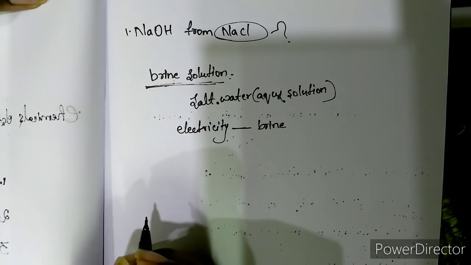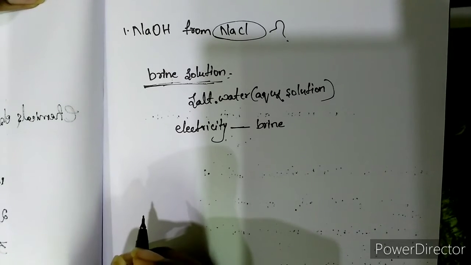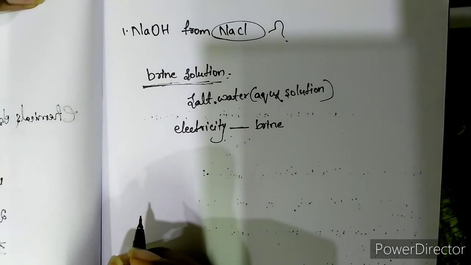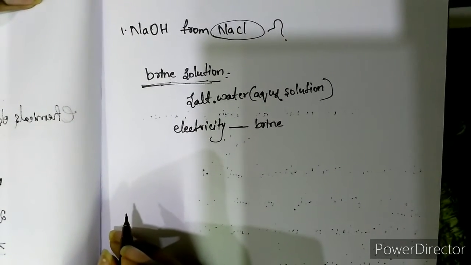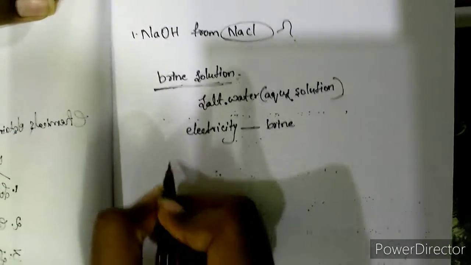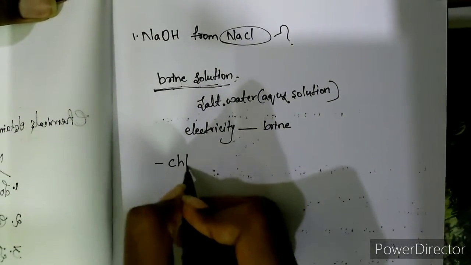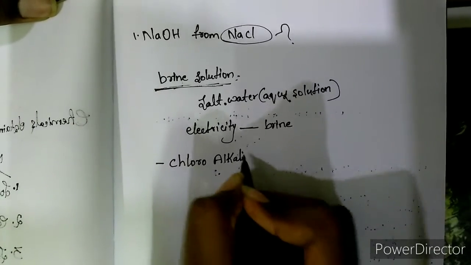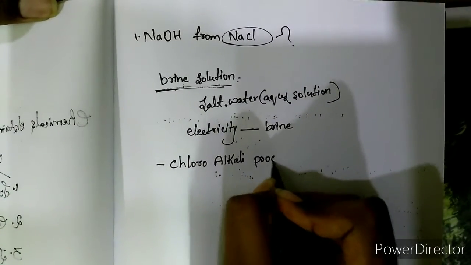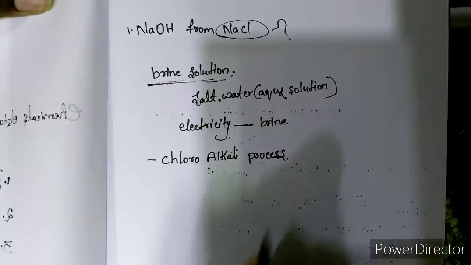When we pass electricity through the brine solution or aqueous solution of sodium chloride, it decomposes to form sodium hydroxide. This process is called the chloroalkali process.